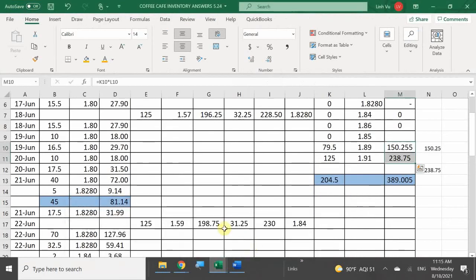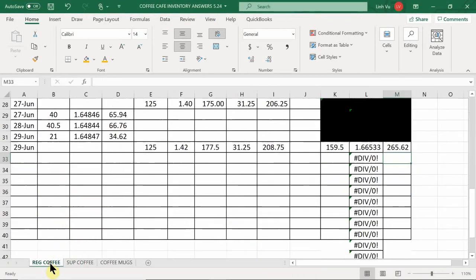So inventory worksheet, regular coffee, $6.29. We used 44 pounds in the store. Okay. Now, at what cost per item is going to be my... Should be $1.66533.